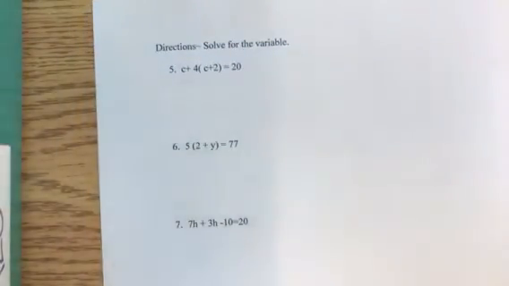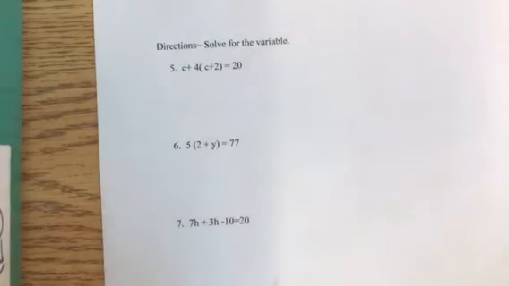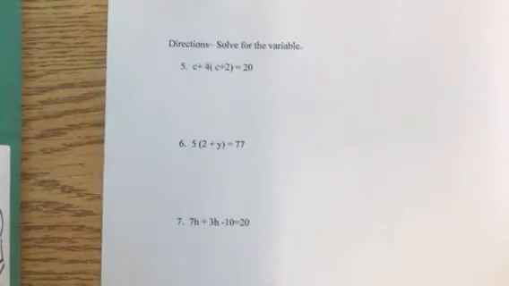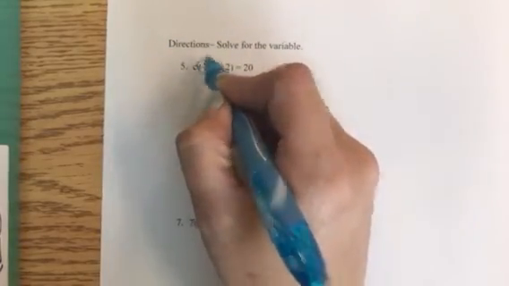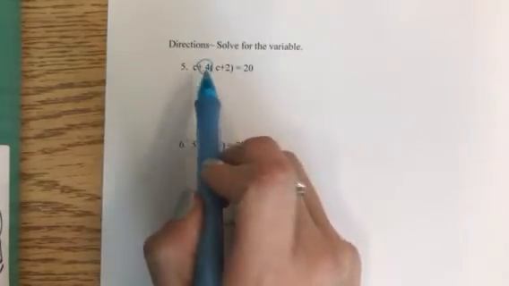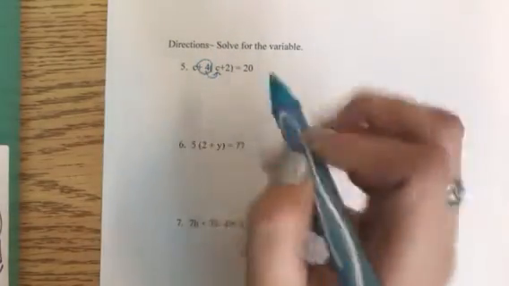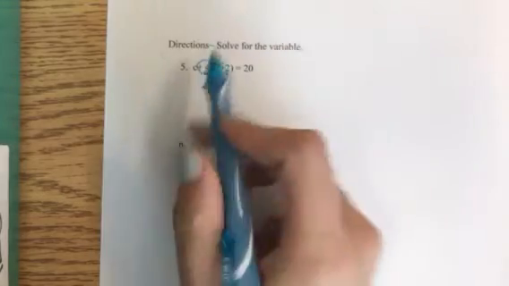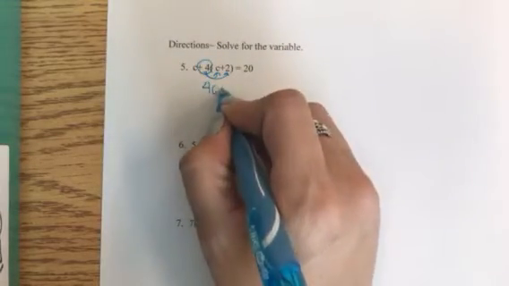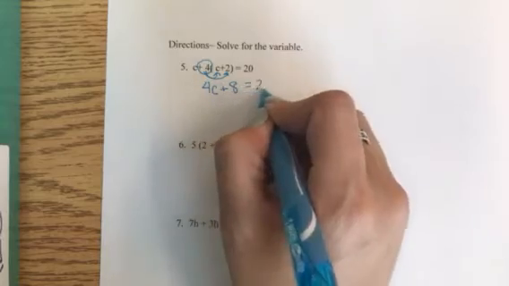Okay, now we have some more pieces going on. This is the one where we had the example with multiple things happening where we needed to distribute and combine. So when I look at this, I do see parentheses. I'm looking right here in front of it. This is a positive 4. So positive 4 times c gives me a 4c. Positive 4 times a positive 2 gives me a positive 8.